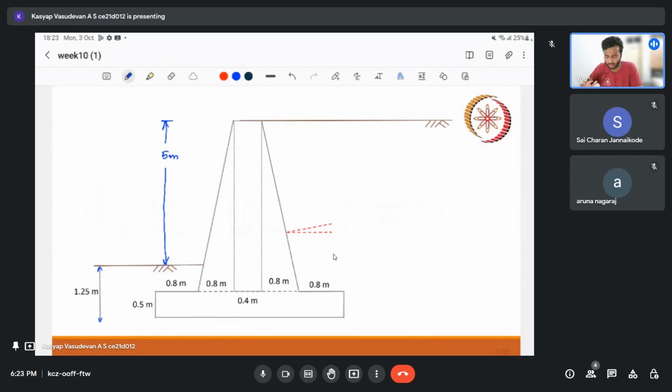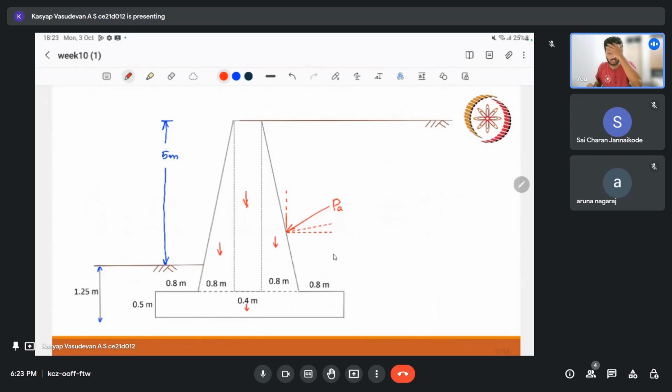So there are two approaches. One approach is what we are going to do now. That is our Coulomb's theory. So when I say Coulomb's theory, it means that there will be a load here at the end, PA. So we can resolve it into a vertical and a horizontal load, and we can check the self weights of each. Since it is a gravity retaining wall, we can check the weight of each portion.